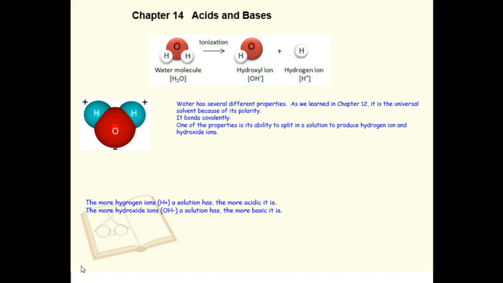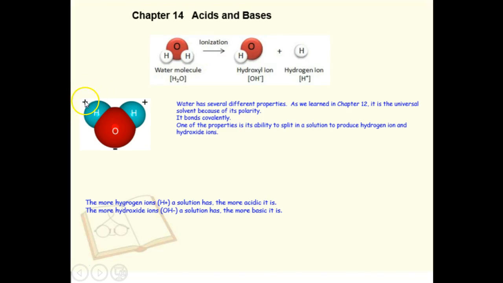So in Chapter 14 we're talking about acids and bases, and we had to take a trip back down memory lane and talk about that water molecule, because we know a couple of things about it. As you see here, it's polar, which means it has a slightly positive side and a slightly negative side.